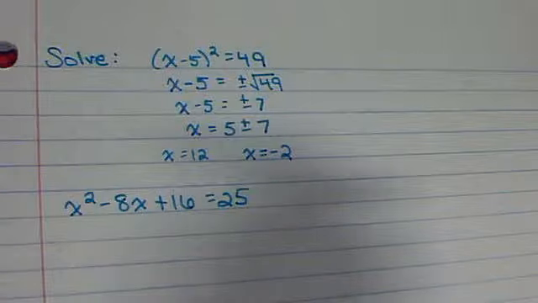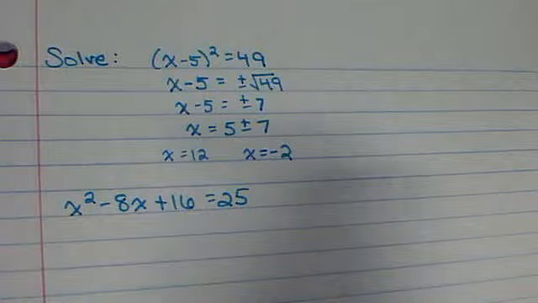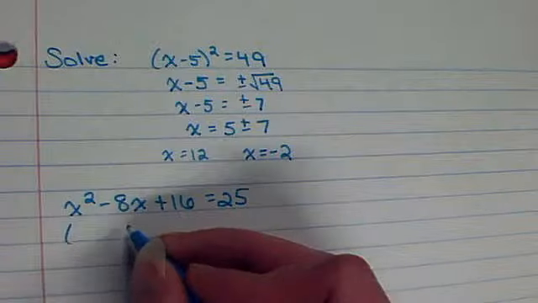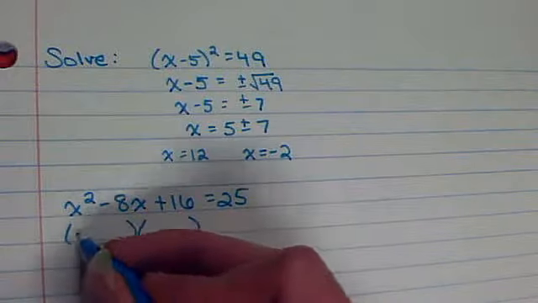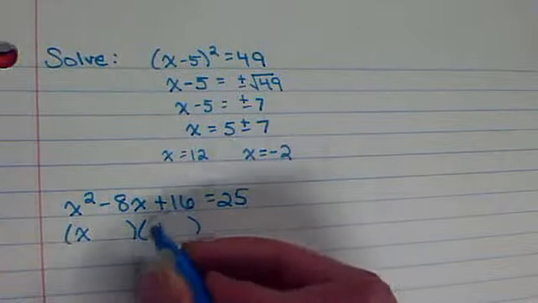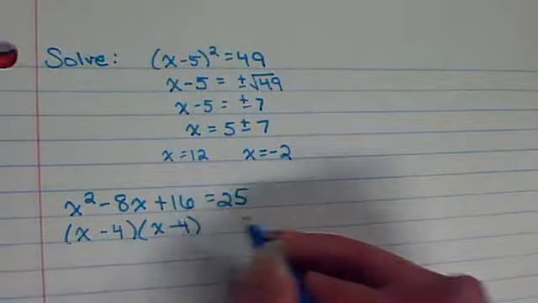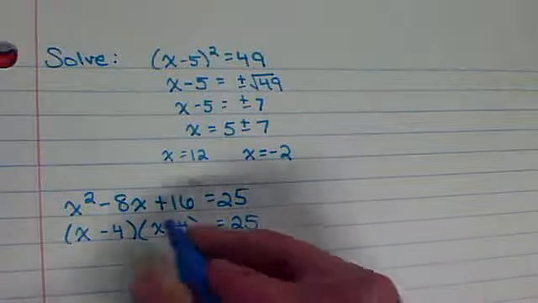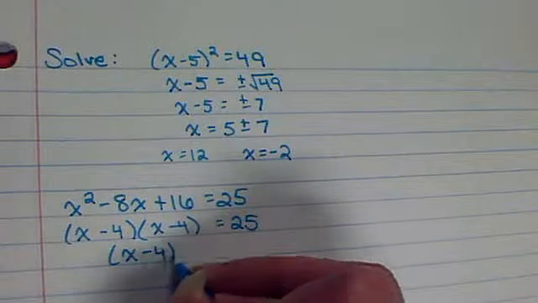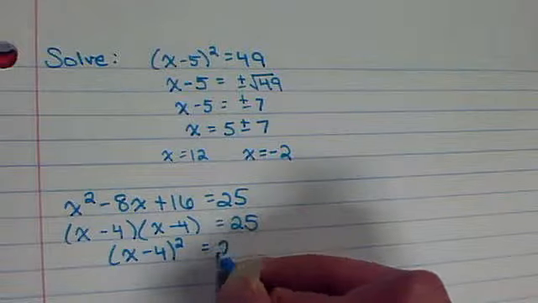Well, let's see if we can factor that left side. X times x, and then negative 4 times negative 4. We end up with x minus 4 squared equals 25.